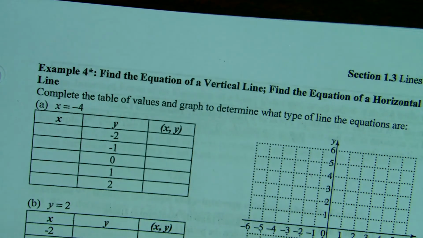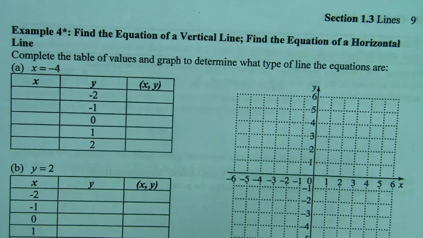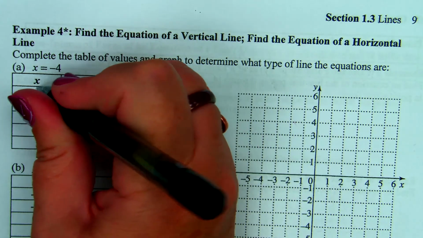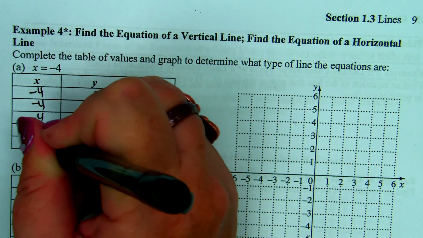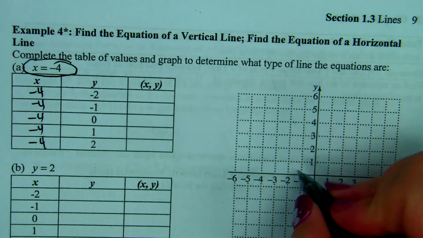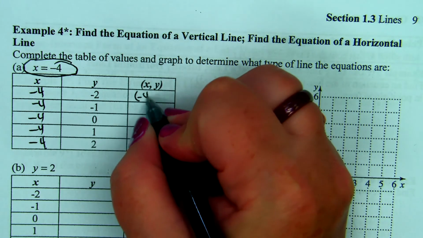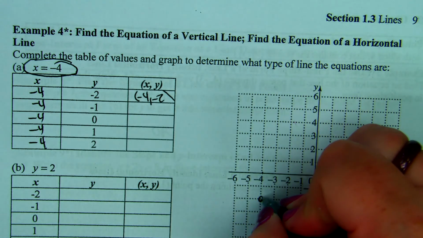So we're going to find the equations of a vertical and horizontal line. So if we put in negative 4, because it says x equals negative 4, and then negative 2, you get (-4, -2), which is right here.